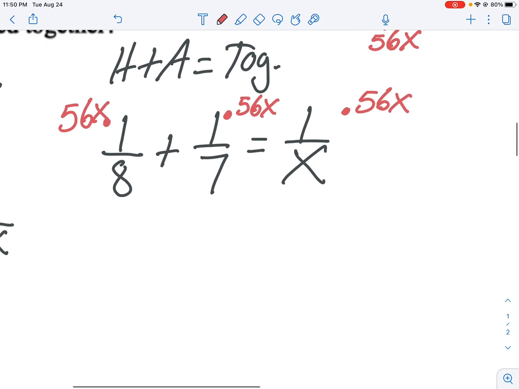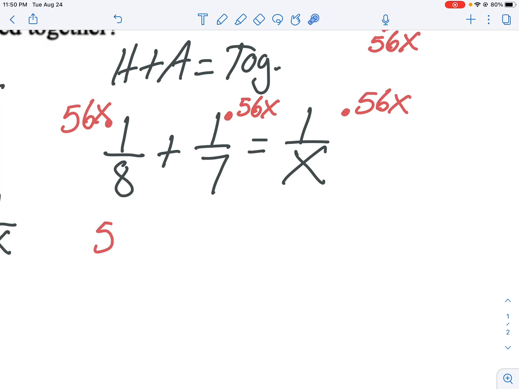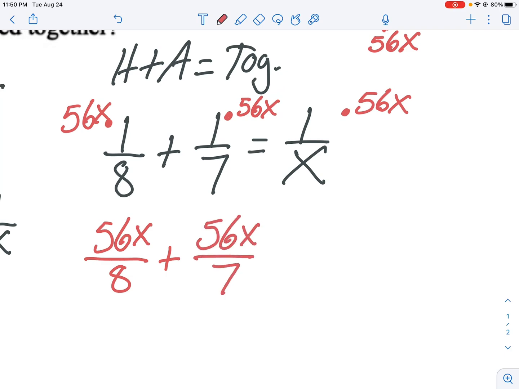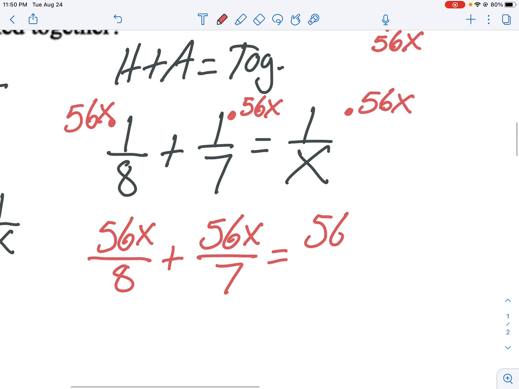So when we do that, 56x times 1 is 56x over 8, plus 56x times 1 is 56x over 7, equals 56x times 1 is 56x over x.